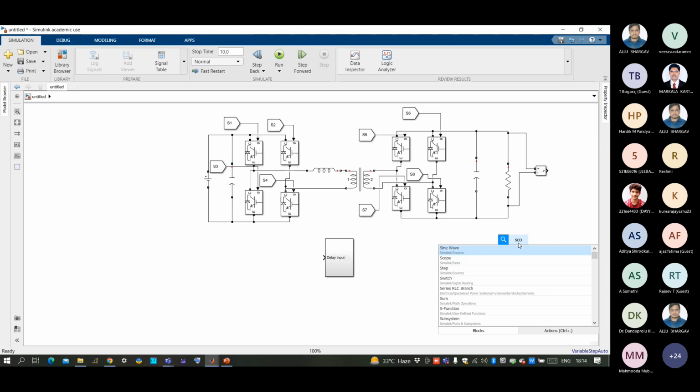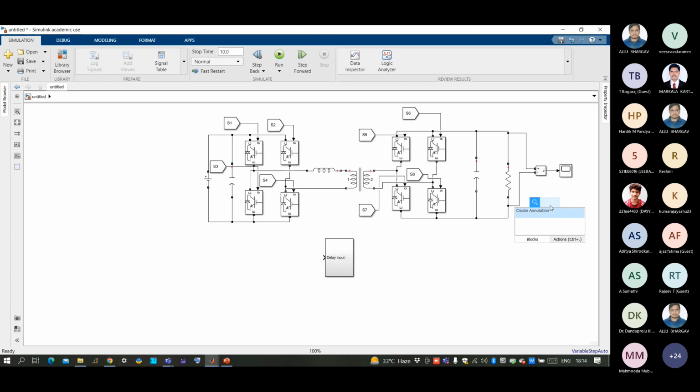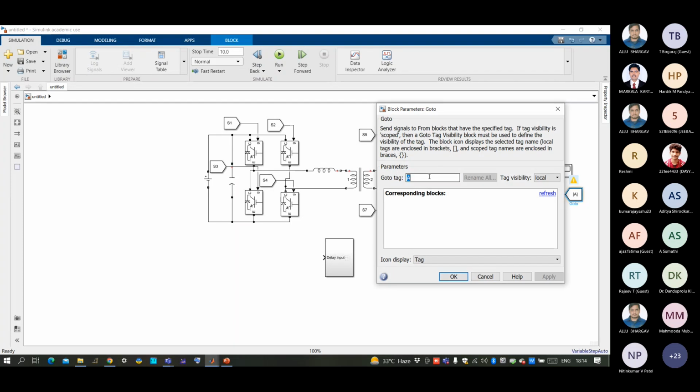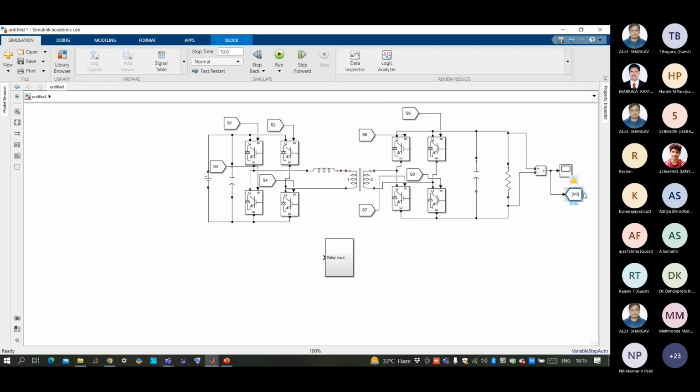And we see the scope. And we sense. Now let me get V not.